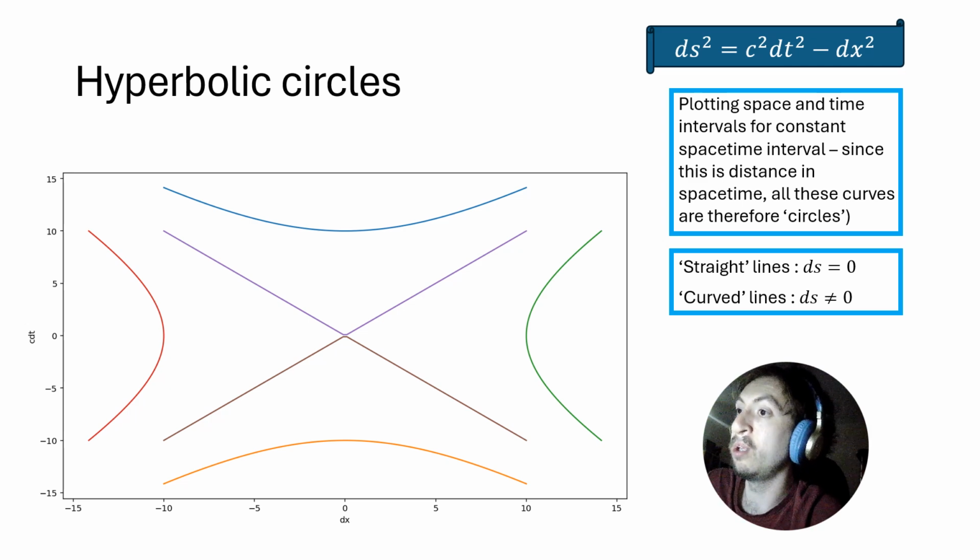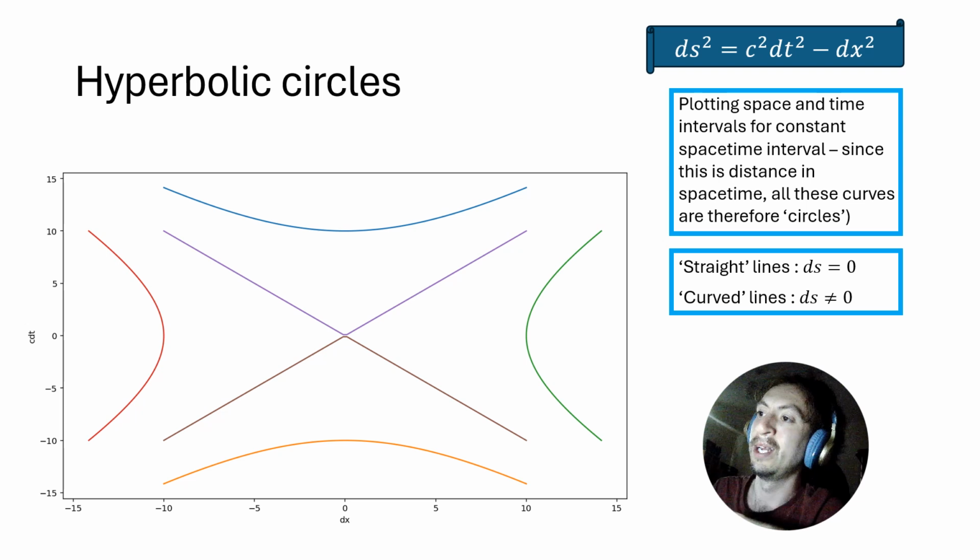Remember that this is the space-time interval between events according to light. So, according to light, the space-time interval between any two events will lie somewhere along these two diagonal lines.